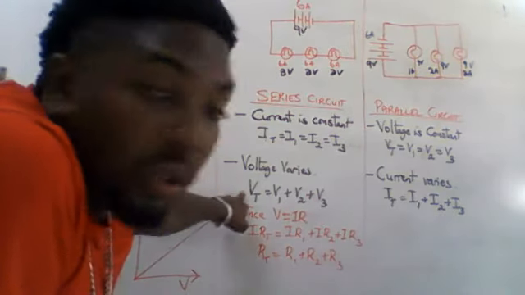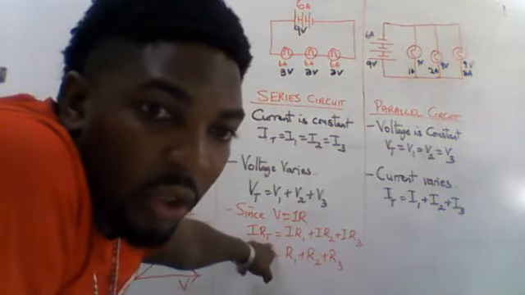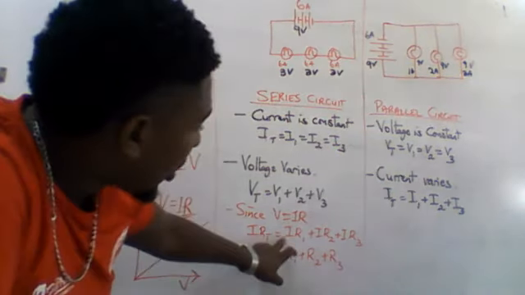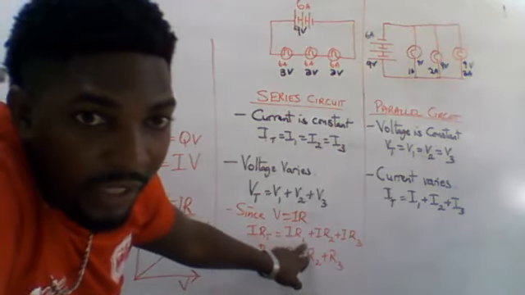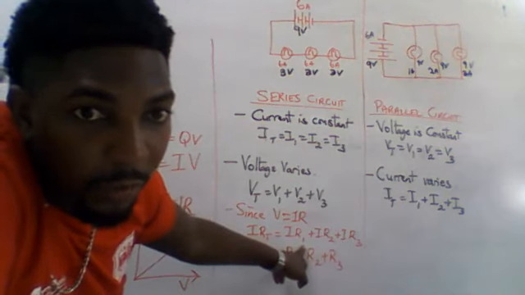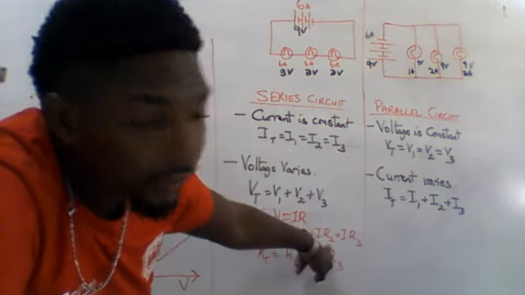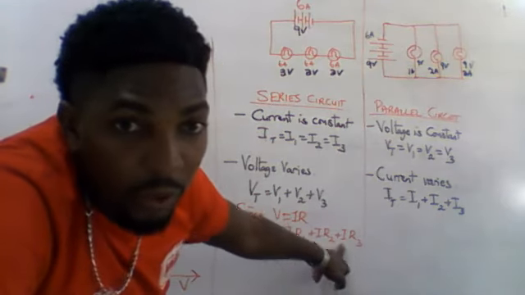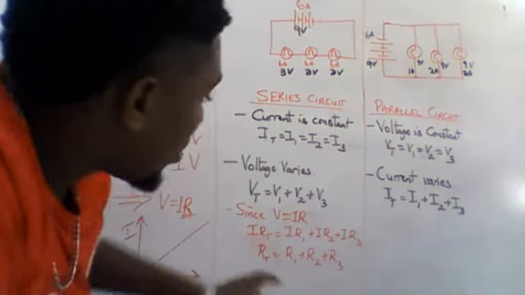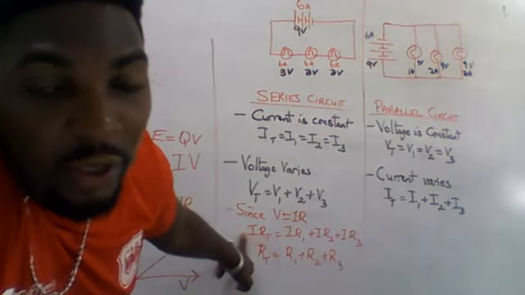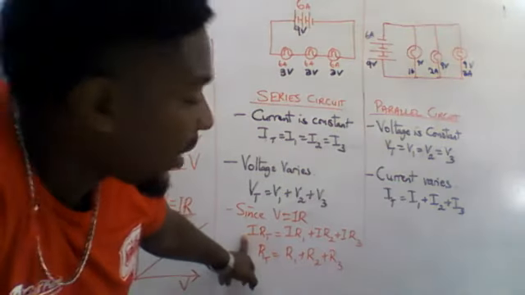So the total voltage is equal to the current times the total resistance, which is equal to V1, which is the current at component 1 times the resistance at component 1, plus the current at component 2 multiplied by the resistance at component 2, plus the current at component 3 times the resistance at component 3. Good? So that's the new formula that we will introduce today by substituting IR for V, whichever way you state it.